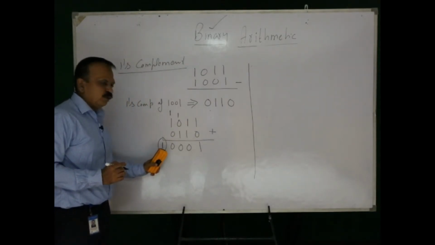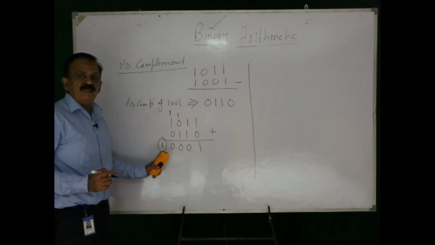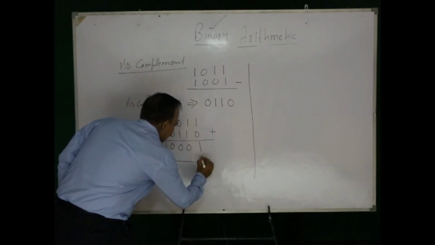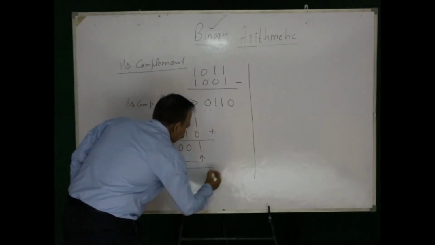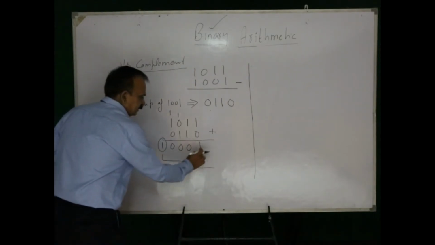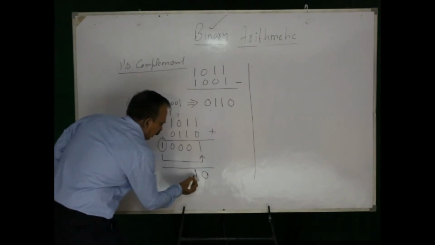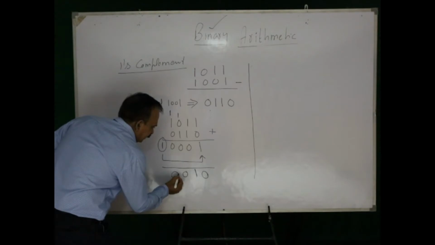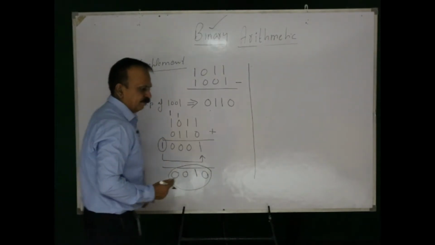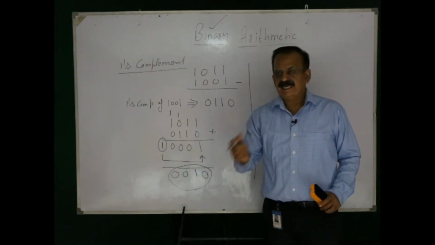Now a carry is produced, and if there is a carry, the answer will be positive, and this carry will be added here. I use the word end around carry. It will be added at this end, and 1 plus 1 is 0, and the carry is 1, 0 and 0. This is final result, and this result is a positive result because after addition there was carry.